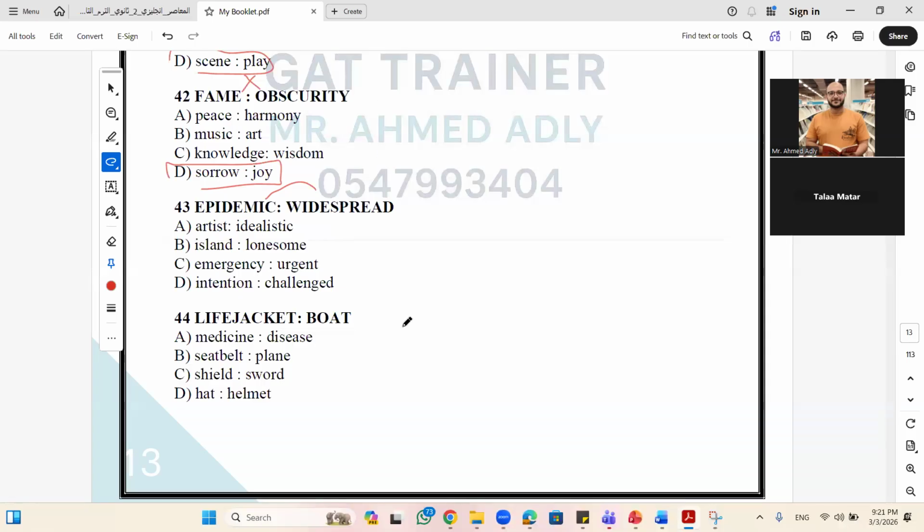Choose the best one. The most accurate analogy relationship. Island and lonesome. Island, all right? And lonesome, it doesn't have to be like that all the time, by the way. Some people live on islands.